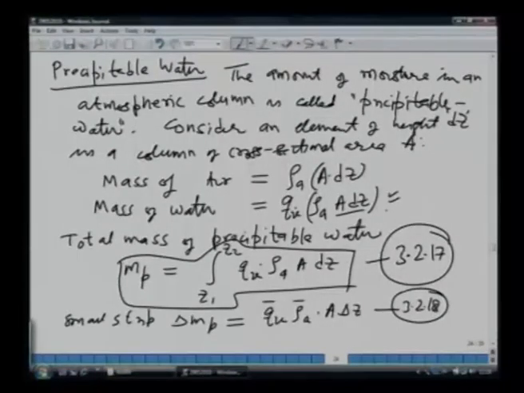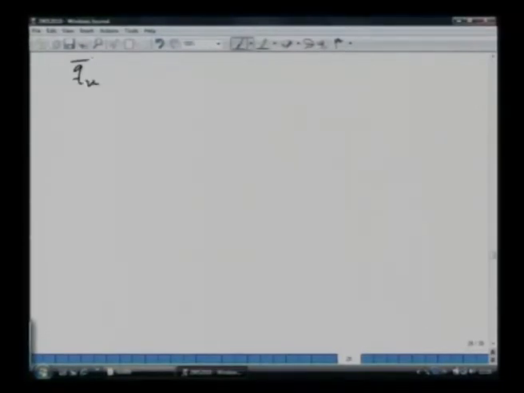Before I do that, let me define QV bar as the average specific humidity in a column of height delta z. Any suitable delta z we can take.